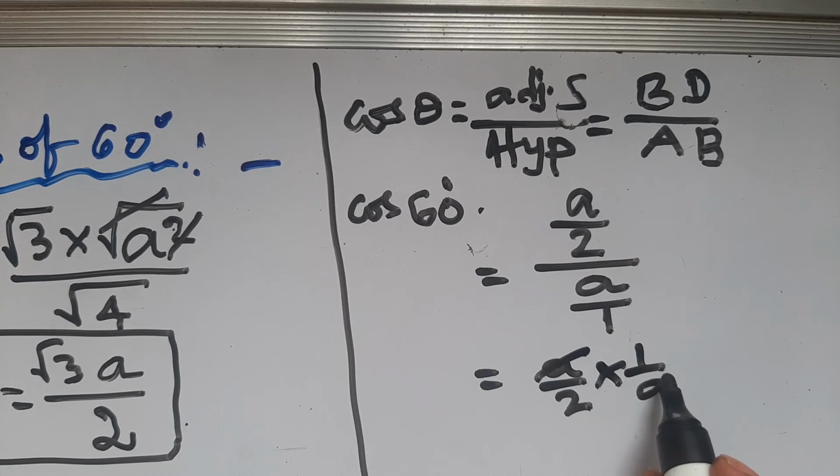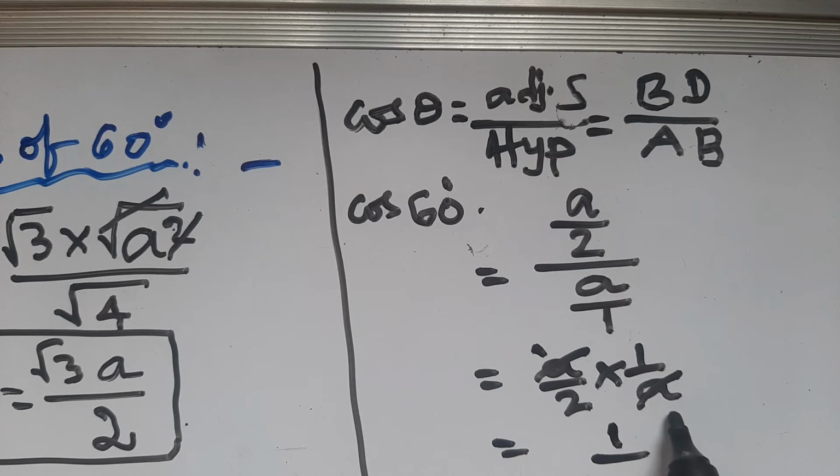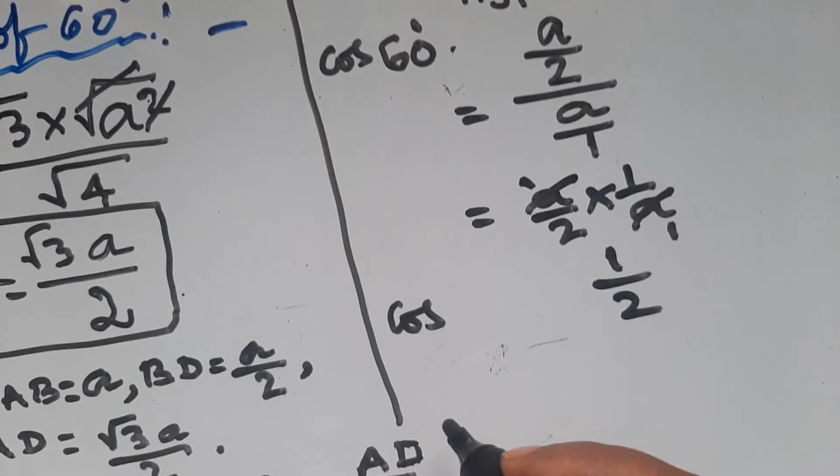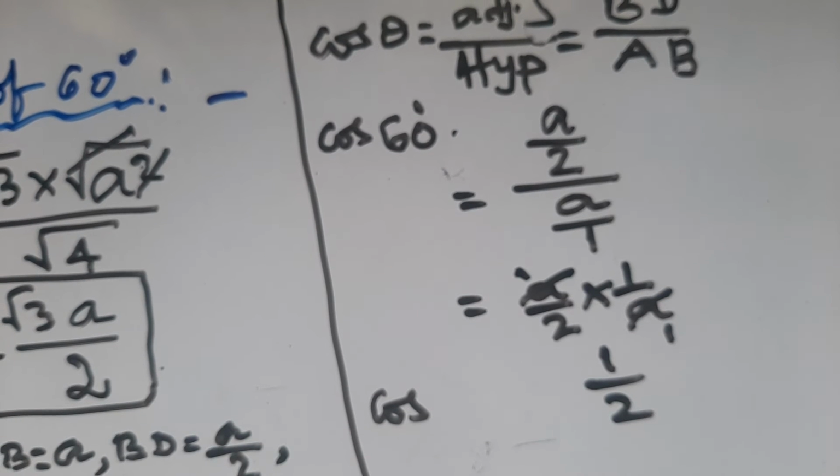So, a gets cancelled. Next what is coming? 1 into 1 is 1, 2 into 1 is 2. So, therefore, cos 60 degrees is equals to 1 by 2.